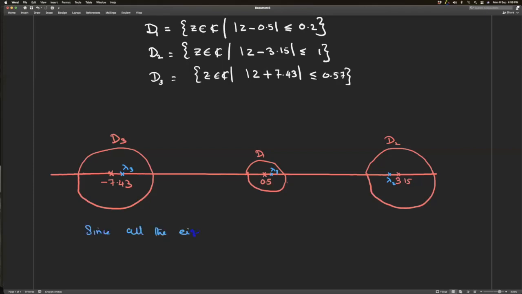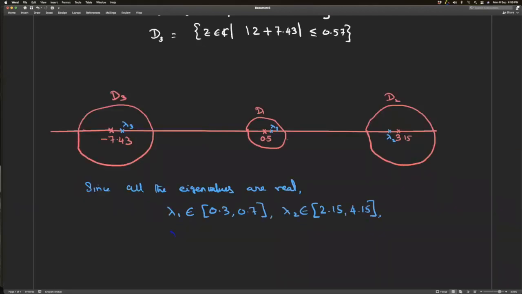Since all the eigenvalues are real, we can see that lambda 1 belongs to the interval 0.3 to 0.7, and lambda 2 belongs to 2.15 to 4.15, right?